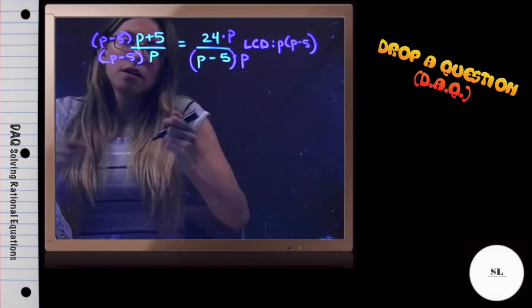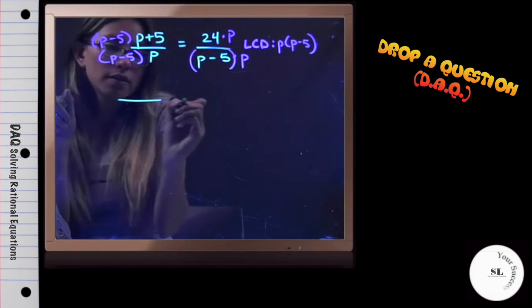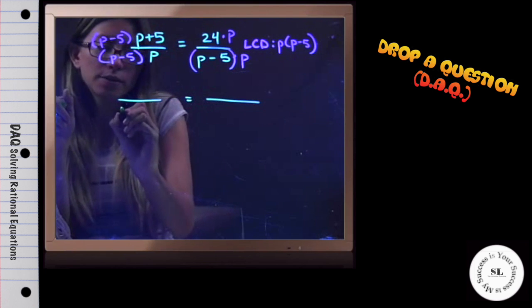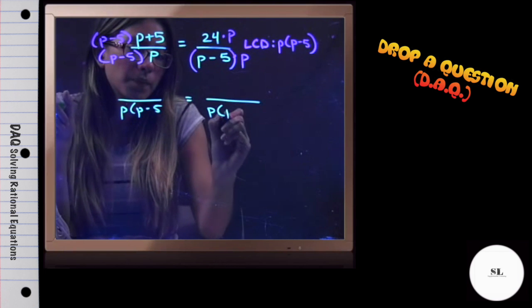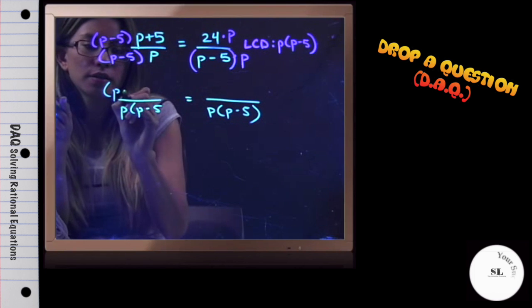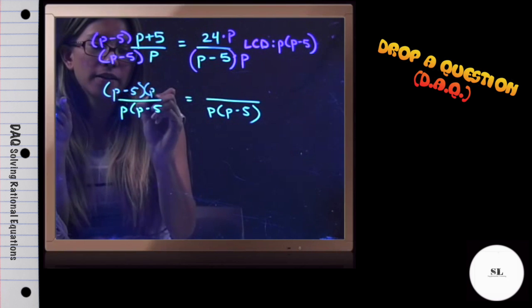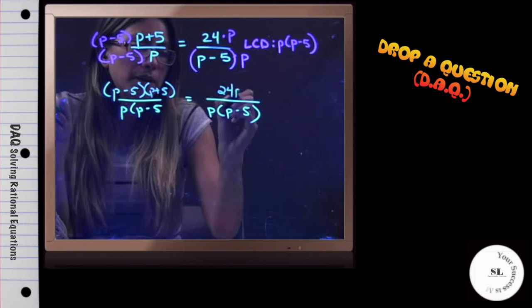Now, we're going to have everything be the same denominator on both sides. So we'll have P times P minus 5 on both sides. And our numerators, P minus 5 times P plus 5, and 24P.